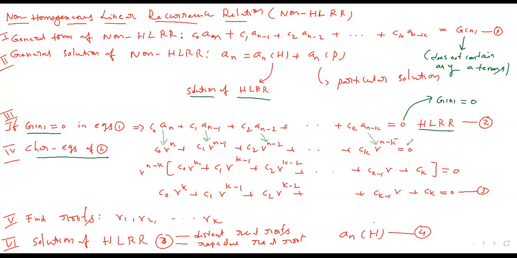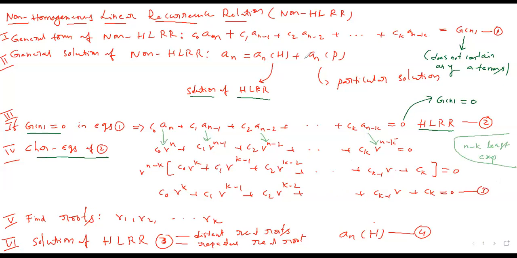Then take the least power common. Here n minus k is the least exponent. If you take r power n minus k common, you will get the characteristic equation. It is denoted by 3.